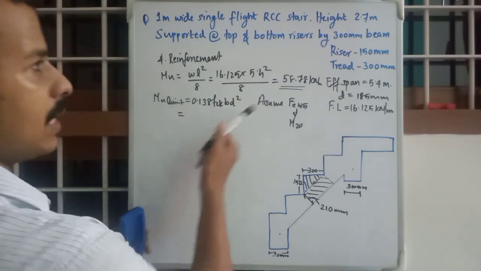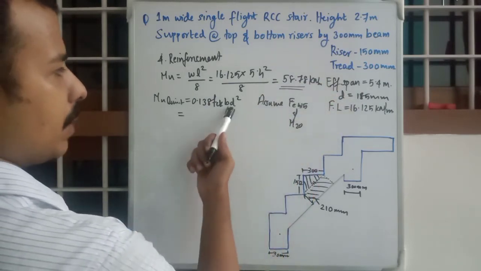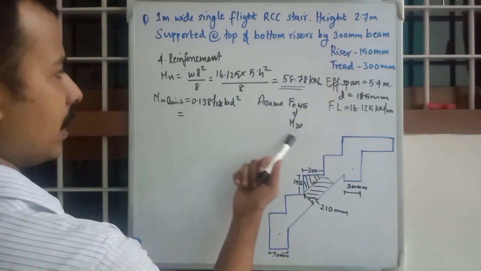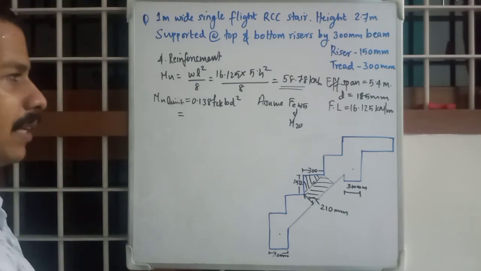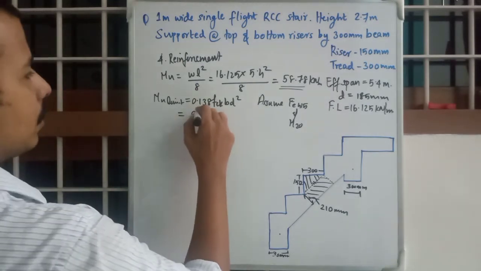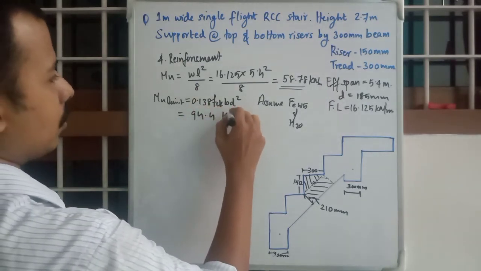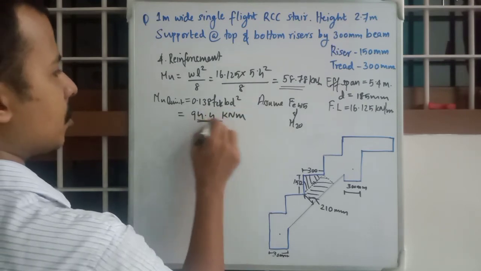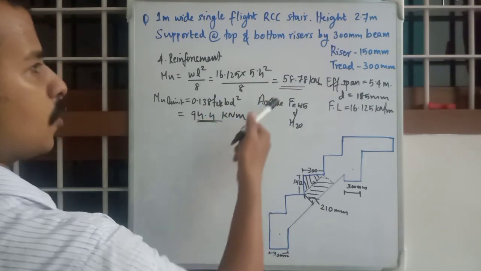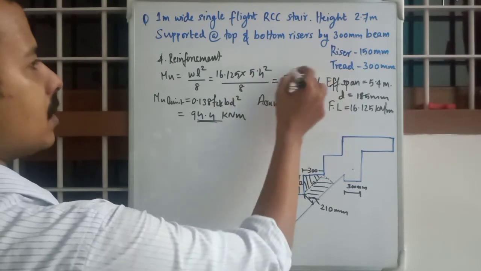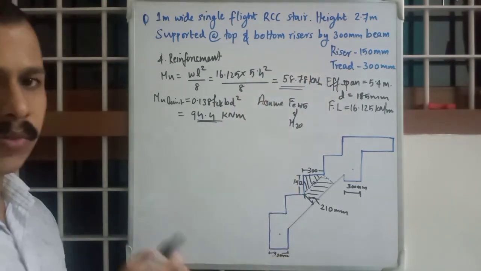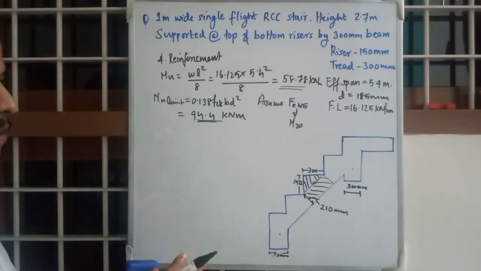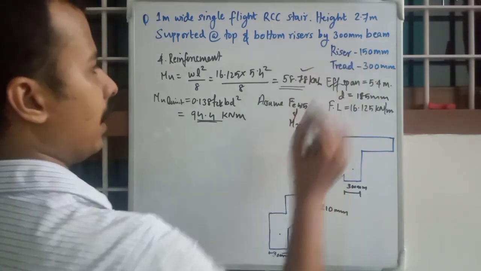Substituting all the values, d is here, b is 1 meter, fck is 20, 0.138, you will get 94.4 kilonewton meter. So you will compare with this. Obviously Mu is less than Mu limit, so it is safe. We are on the safe side, we can carry on with this value.